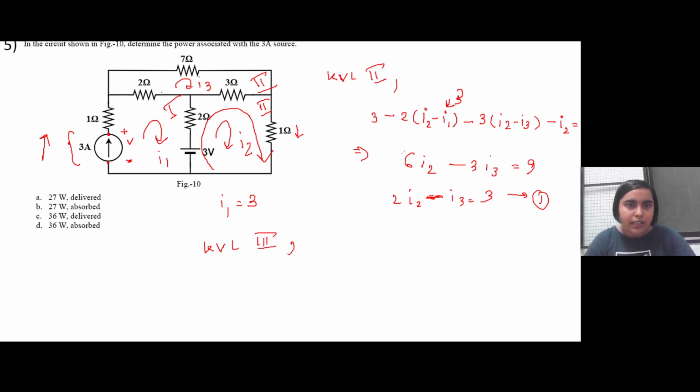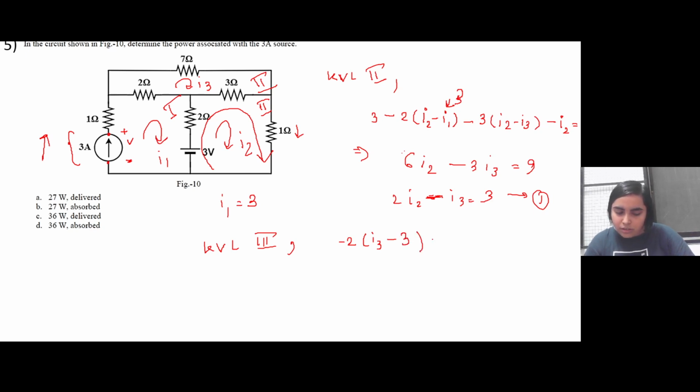So in this particular resistance, I1 current is flowing from left to right, and I3 is flowing from right to left. So accordingly, we will write KVL in loop 3 as: first the 2 ohm resistance, so minus 2 into I3 minus I1, and we know I1 is 3 ampere, right?